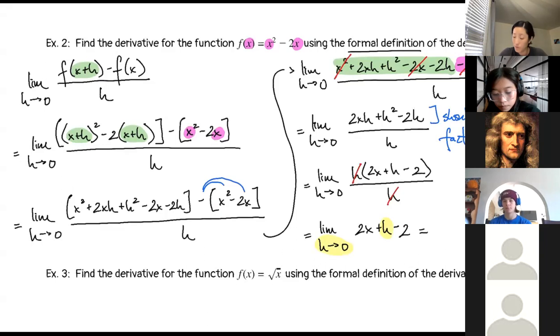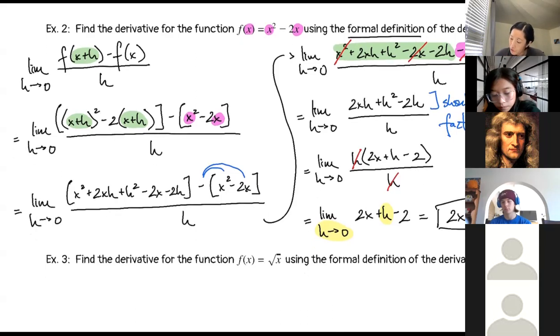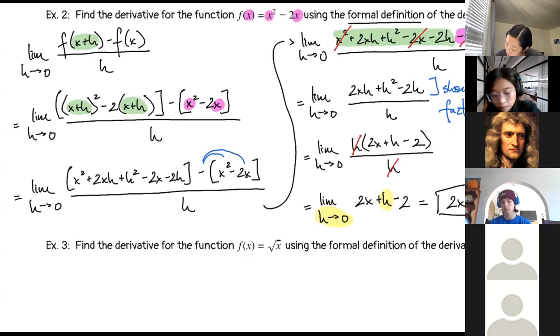Now we can try substitution. And so what are we left with? 2x minus 2, okay? And 2x minus 2 is the derivative of x squared minus 2x, okay?